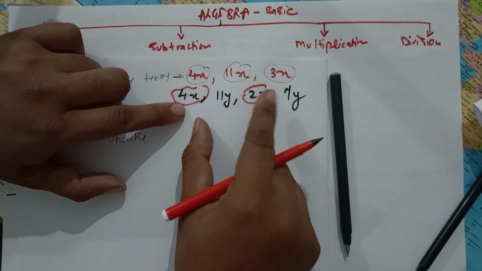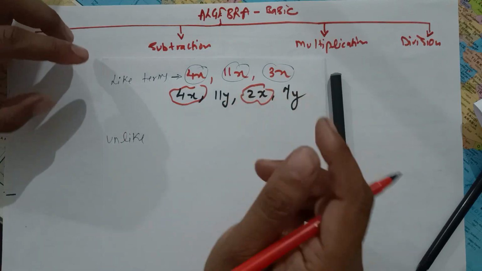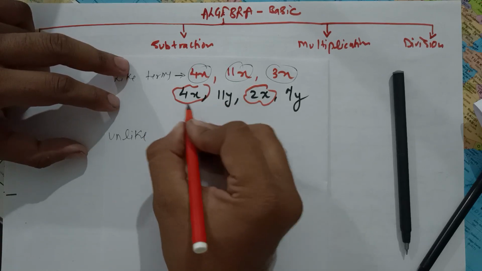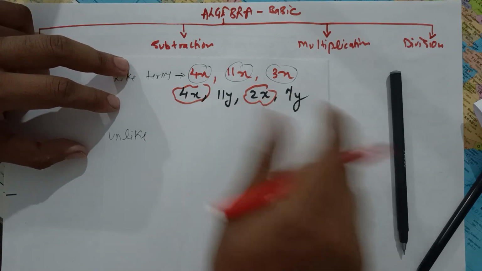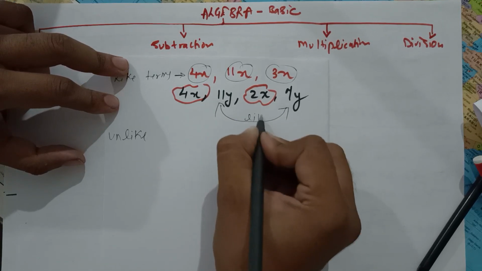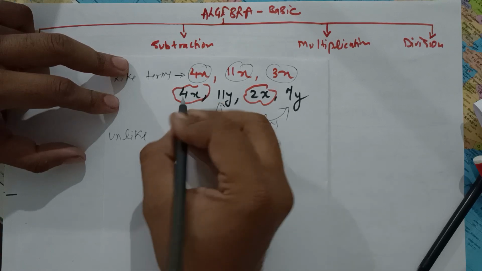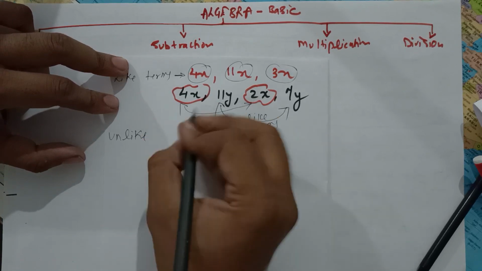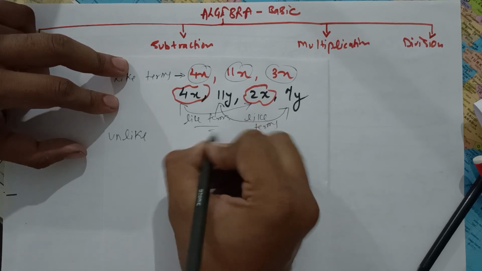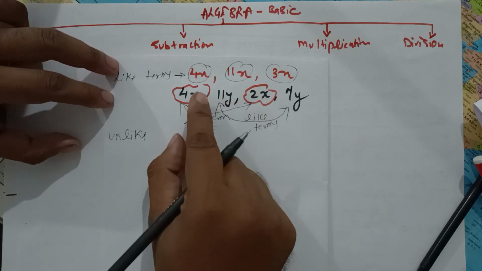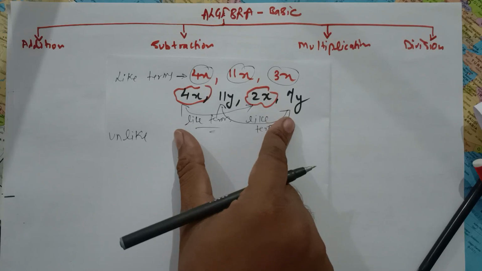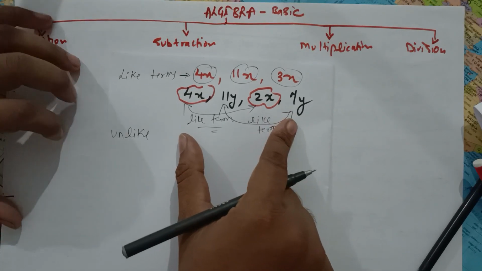Forget about the number before it; numbers could be different. But the variable should be the same. So 4x and 2x are like terms, and 11y and 7y are like terms. The point is, if the variable, the alphabet, is the same, then you can call them like terms. Very important concept.